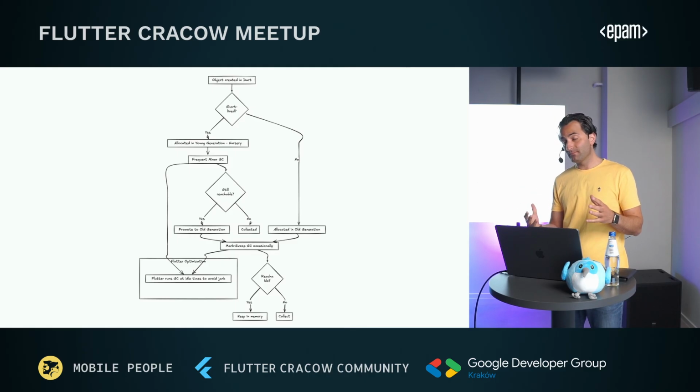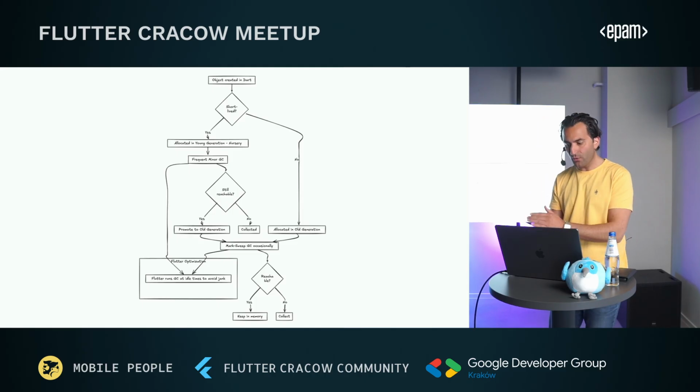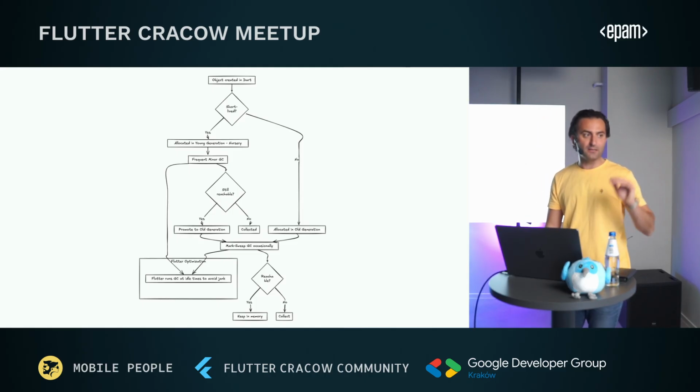Well, that's good, right? That's a promise that the Dart VM makes, but there is a but here. We're going to focus on that but right now, and I'll go through the steps of how this works.